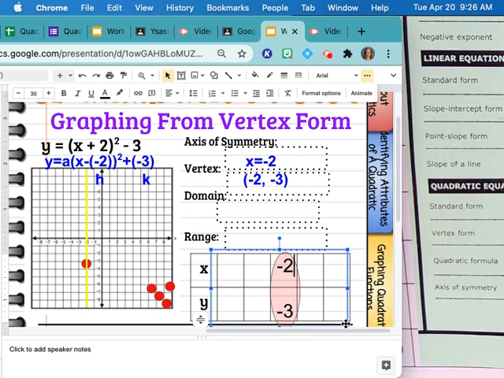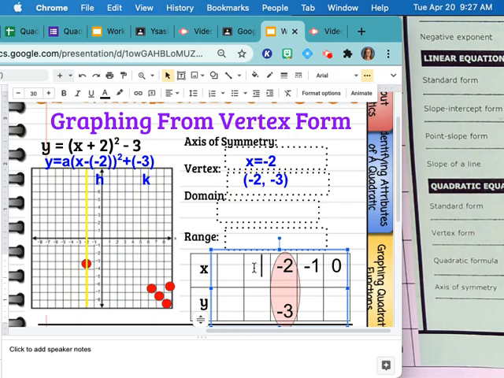And I know this vertex is going to be our minimum because it's going to be going upward like this. So I need to find points on the right side and the left side. So after negative 2, I want to go up from there. So that'd be negative 1 for the next x value and 0. Then I want to go down from negative 2.